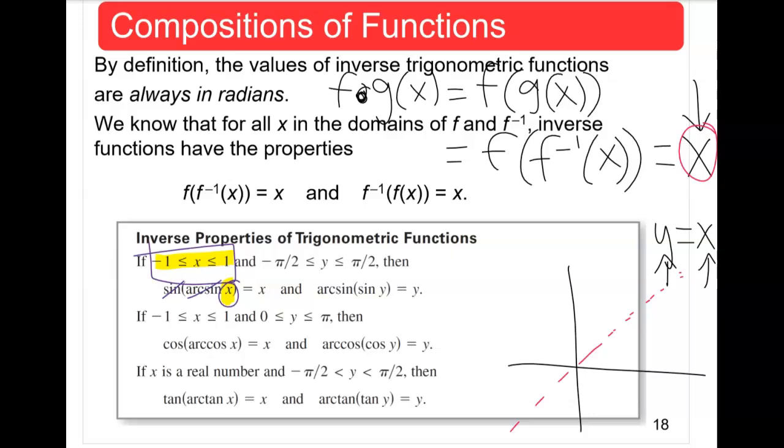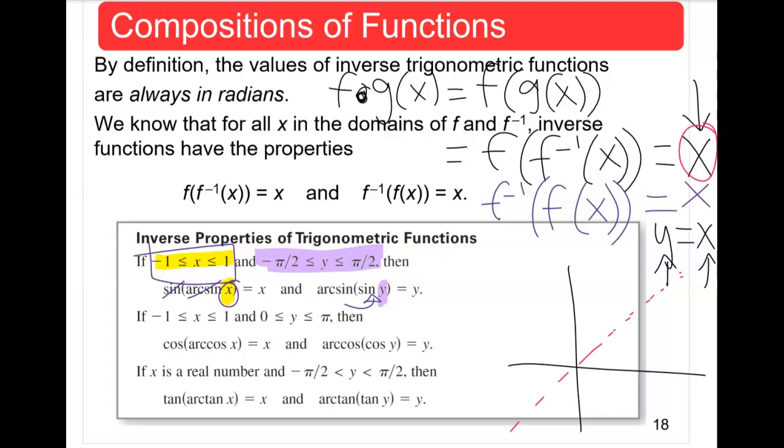Similarly, if you have your sine function here, so this will be something like having f inverse of the original function, and so you will get x, if the value that you have here for your angle is actually between the way we restricted the sine function.